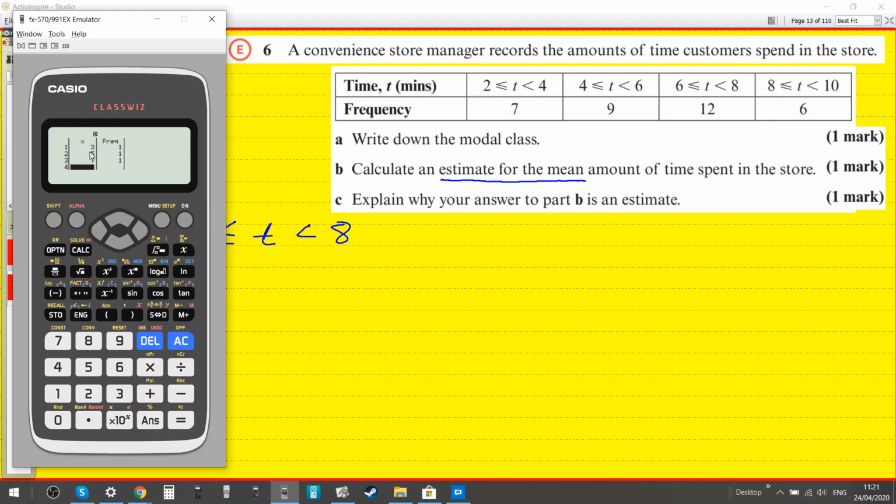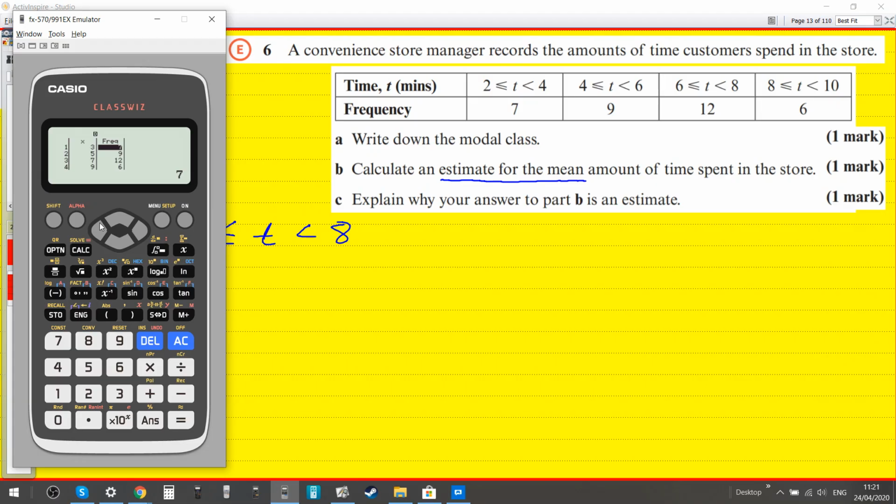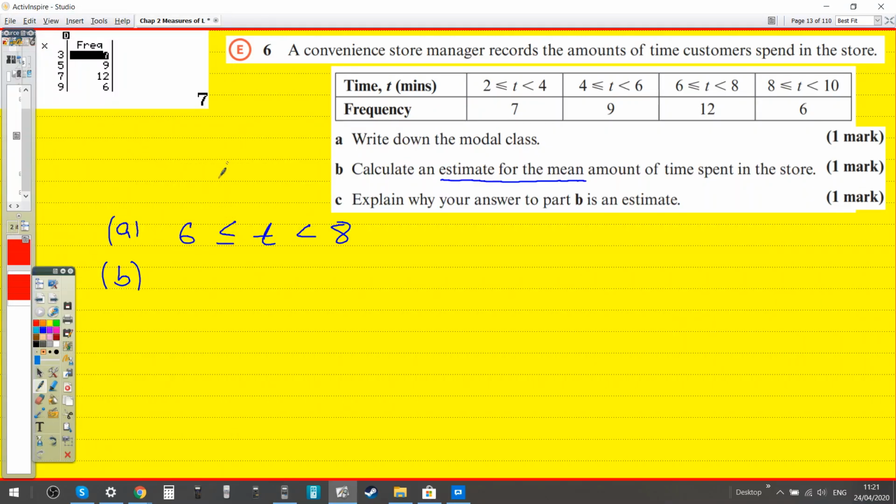So 3, 5, 7, 9. And it gave me an estimated mean of 6.